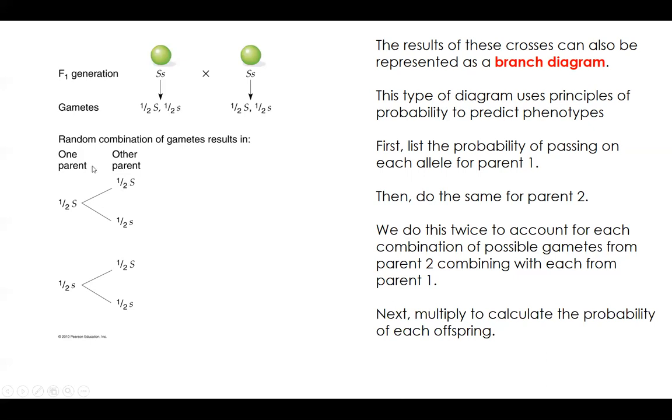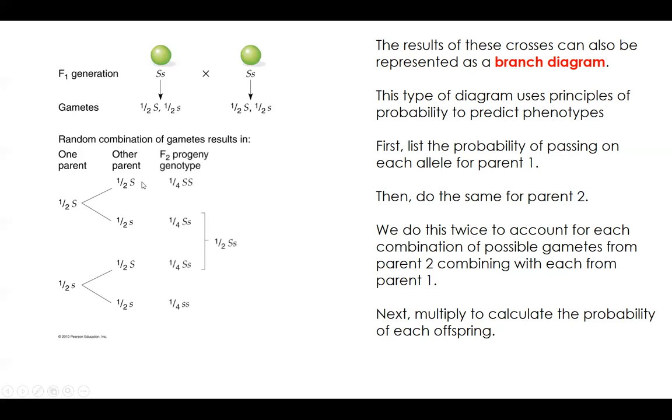When you hit that big "and," that means multiply. So the probability that we'll get a true breeding, homozygous dominant offspring is the probability of one parent donating the dominant allele multiplied by the probability of the other parent giving that dominant allele.